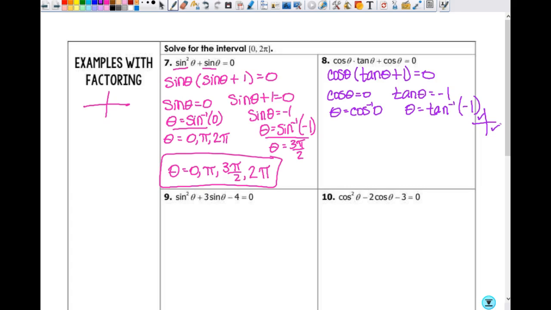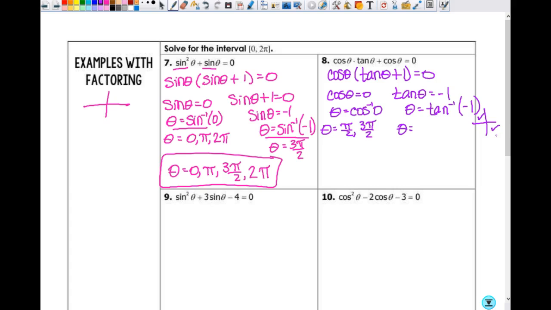Does that make sense? I'd need 2 separate little check things for each one of them, but the first one doesn't count because it's quadrantal. When is cosine 0? Pi halves. And when else? 3 pi halves. Good. And then the tangent inverse of 1 is what? Pi fourths. But I actually need the second and fourth quadrant angles of that.